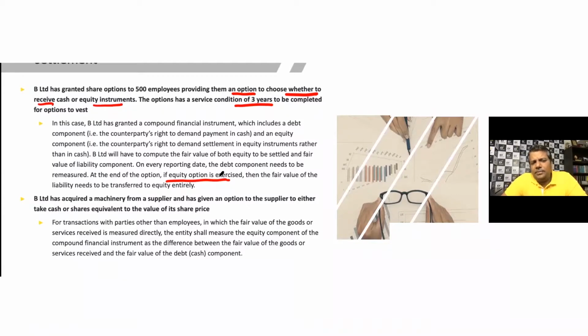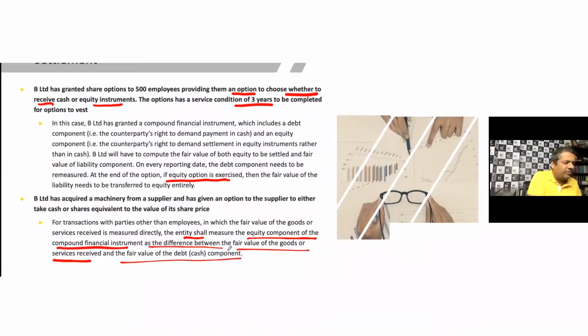The entity shall measure the equity component of the compound financial instrument as the difference between the total fair value of the goods or services received, minus the fair value of the liability component, and the delta goes to equity. So how do you measure that? The entity shall measure the equity component as the difference between the fair value of the goods or services received and the fair value of the debt.